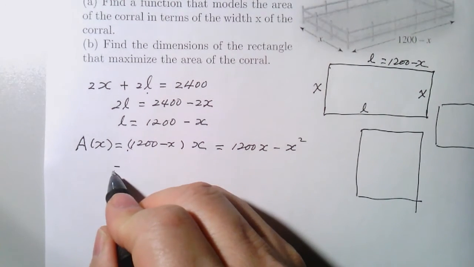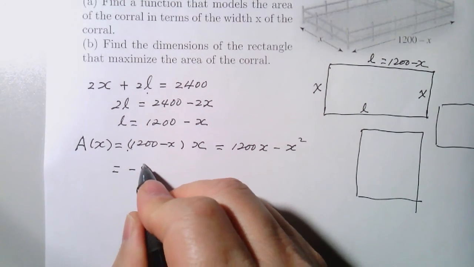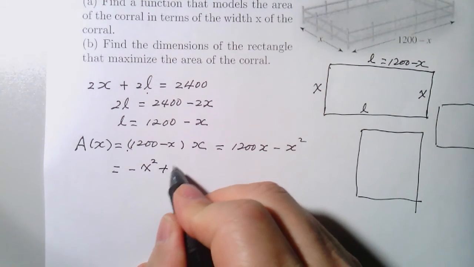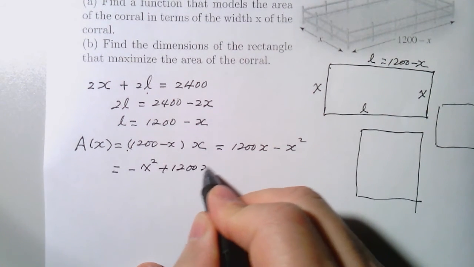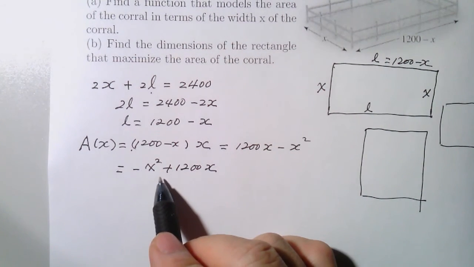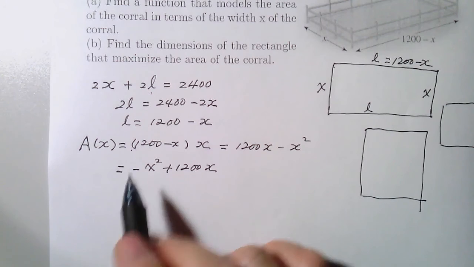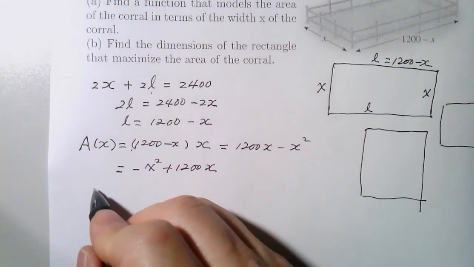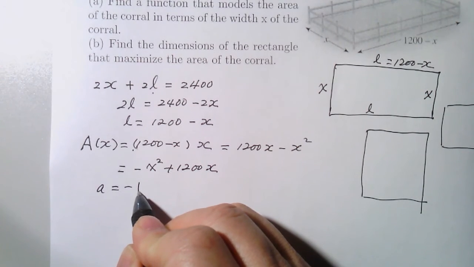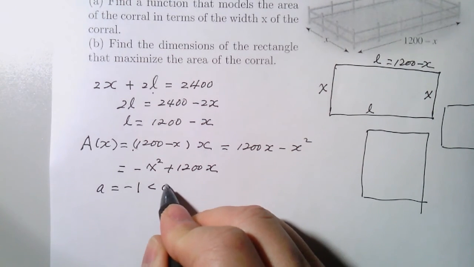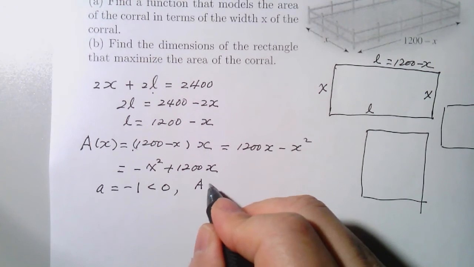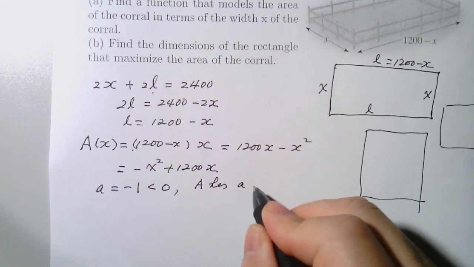Or I rewrite this in a different order: negative x squared plus 1200x. Now we want to find the maximum area. In this case, you can see a equals negative 1, which is less than 0, so that means A has a maximum.